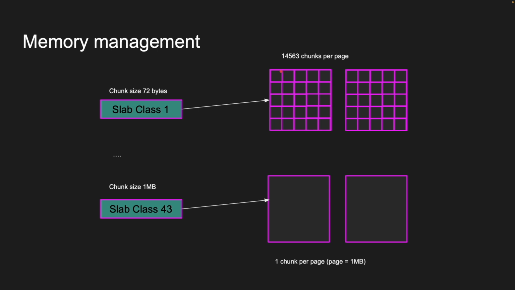But if your item is larger, let's say 900K, then it doesn't fit this slab class. So let's find out what is the slab class for this item. Slab class 43, because the closest is 1 meg. And guess what? The 1 meg slab class has this entire page as 1 chunk, right?